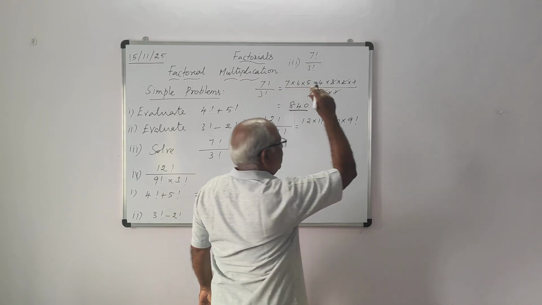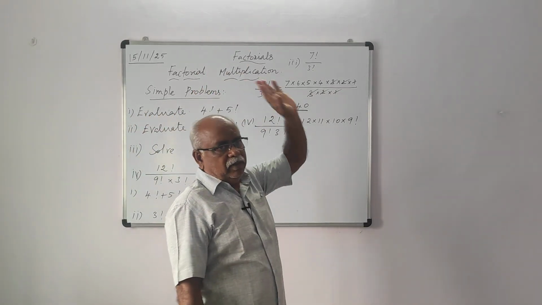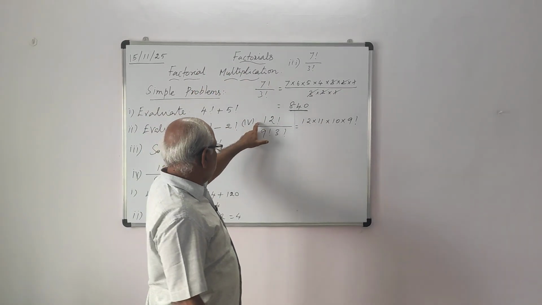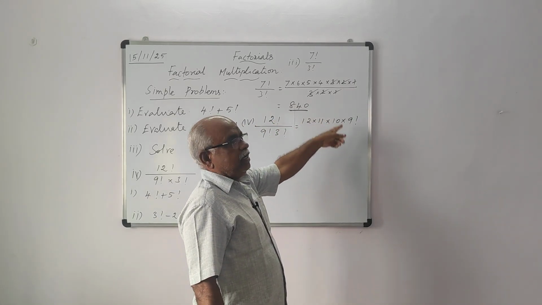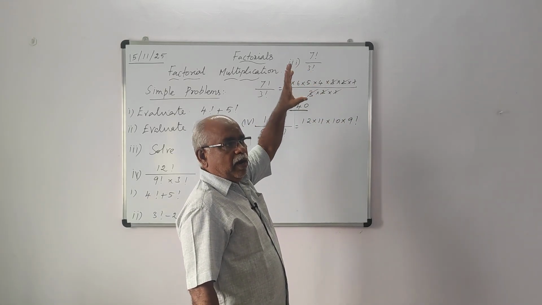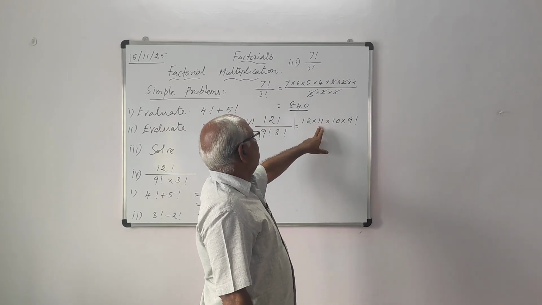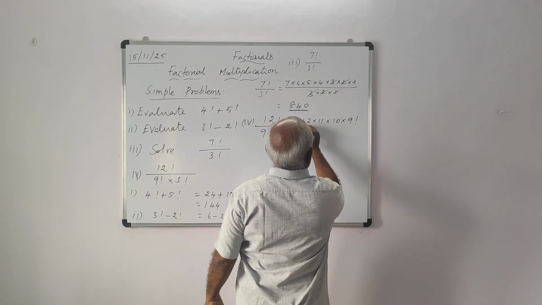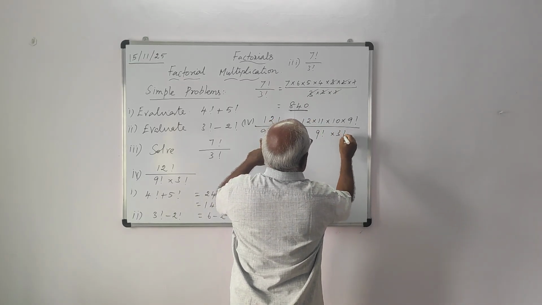Instead of writing 9 into 8 into 7 and so on up to 1, you can write it as 9 factorial. So 12 factorial is 12 into 11 into 10 into 9 factorial. In the denominator, you already have 9 factorial into 3 factorial.